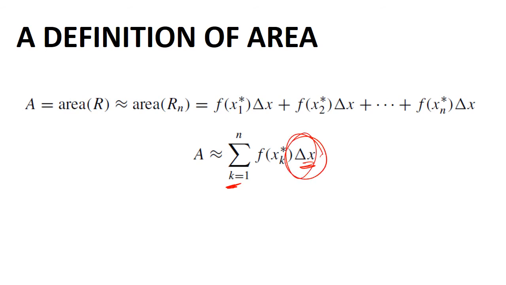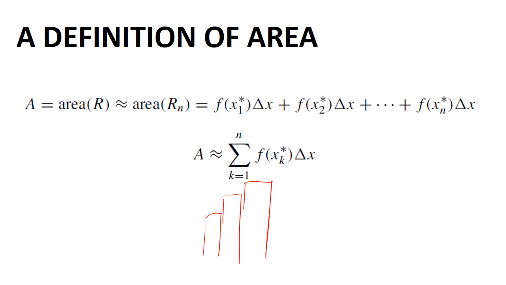So, hindi siya affected ng k. Yung k is yun yung bilang nung rectangles. Okay? And as you can see, dun sa graph natin kanina, magkakaiba yung value nung height. Therefore, yung height lang or yung length, yun lang ang nagdedepende dun sa value ng k, which is from 1 to n.